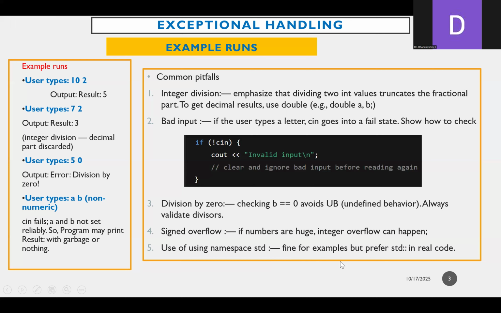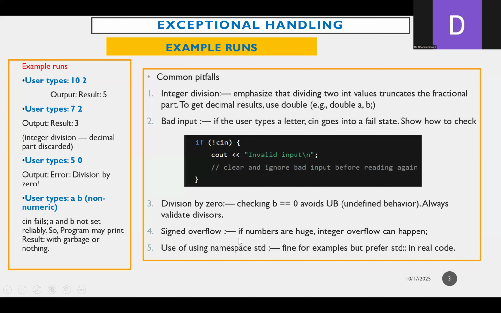So the better and safe approach is to use standard double colon count when you're using it for real-time applications. So in summary, I could say that integer math gives unexpected results, input handling errors will be there, and division by zero will crash.